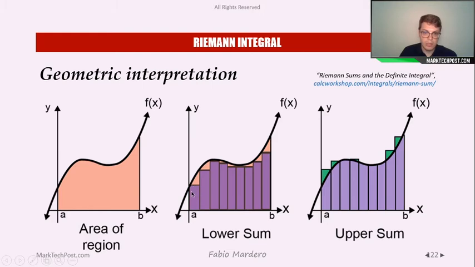So we get our bin. And we do this for each of the elements of the partition. We get an approximation of the area using the lower histograms. We do the same using the supremum, getting the upper Riemann sum.